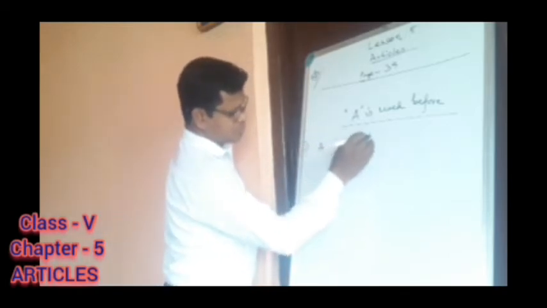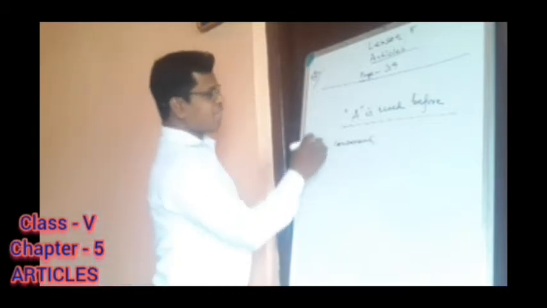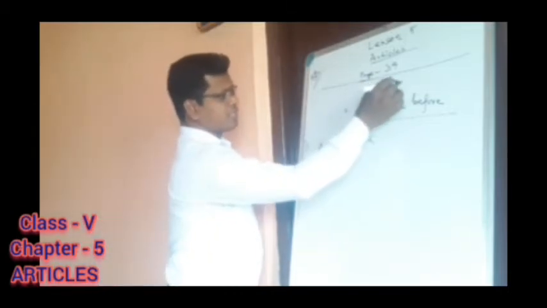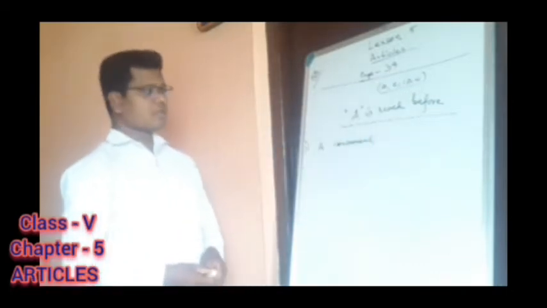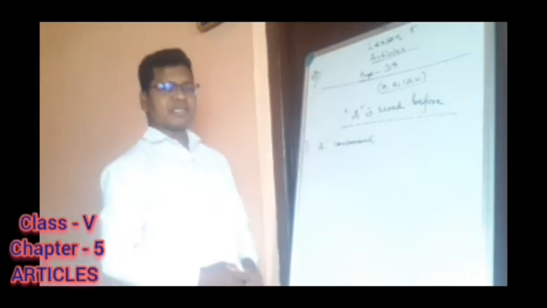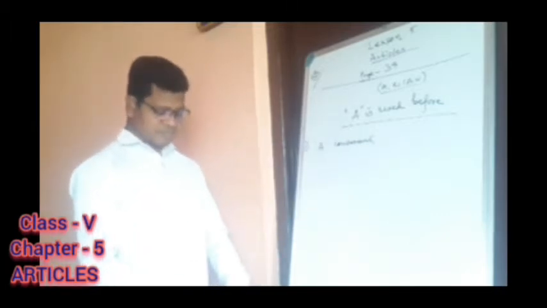So before a consonant, what do we use? We use a. I hope you know consonants. Except a, e, i, o, u, the rest are known as consonants.